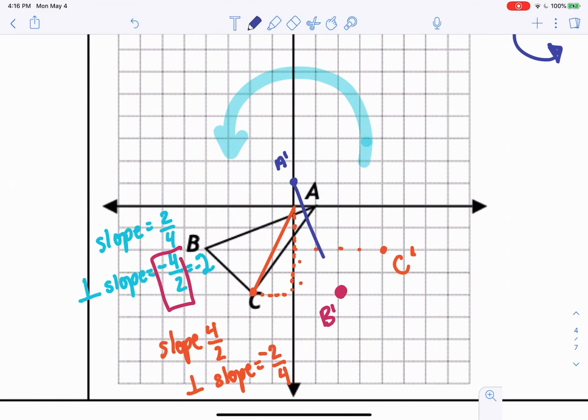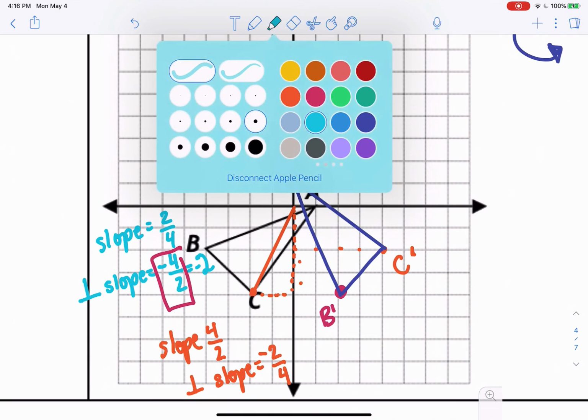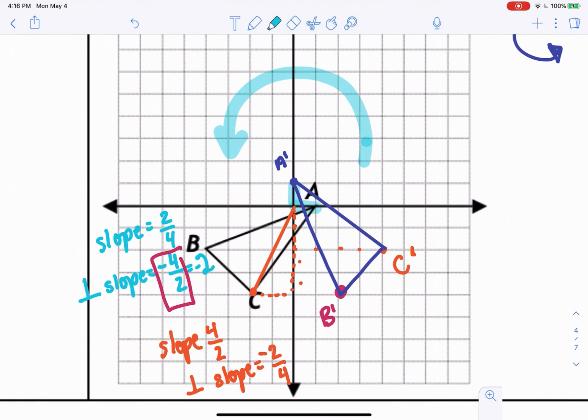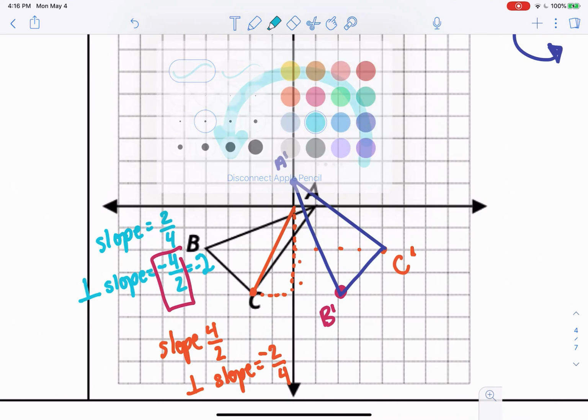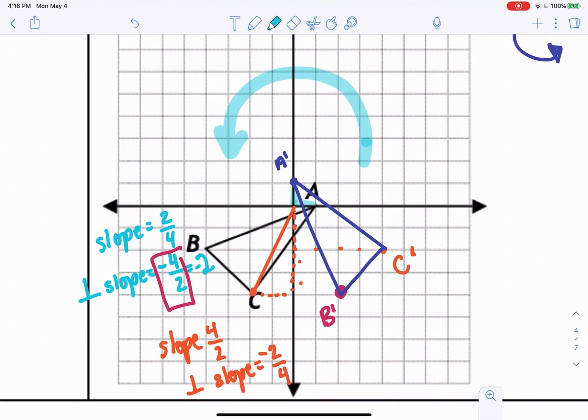So now let's connect our dots and see how did we do. Does this look rotated? And we can check to make sure that we've done this properly by connecting the corresponding vertices.